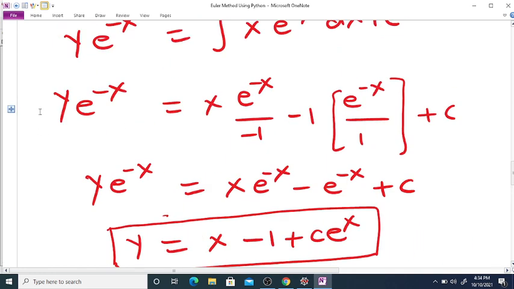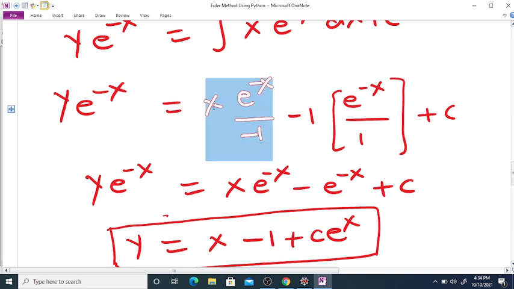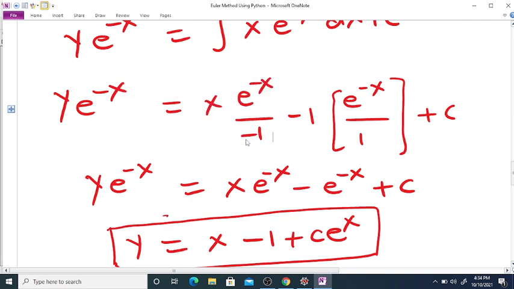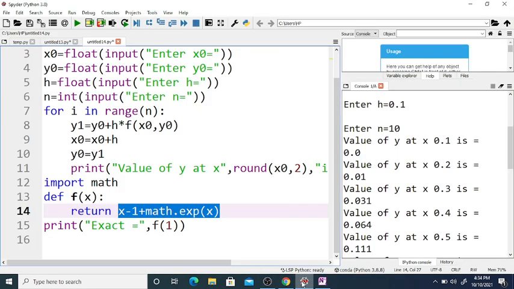You can see here it is e raised to minus x divided by minus 1. Because of this minus sign, x is not plus, it is minus x. So it is minus x minus 1 plus e raised to x. So here minus x minus 1.